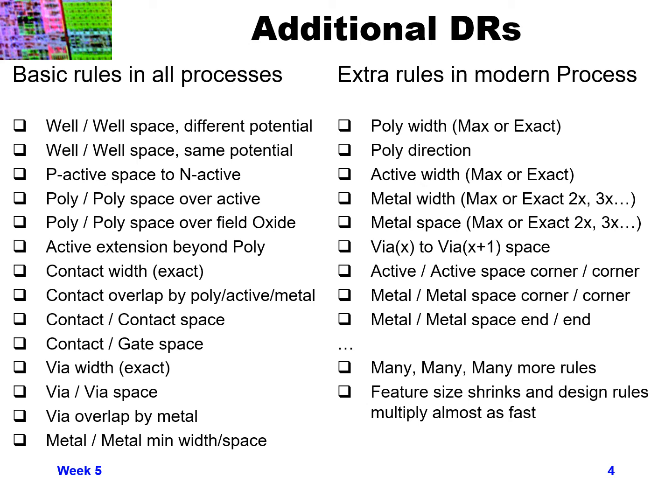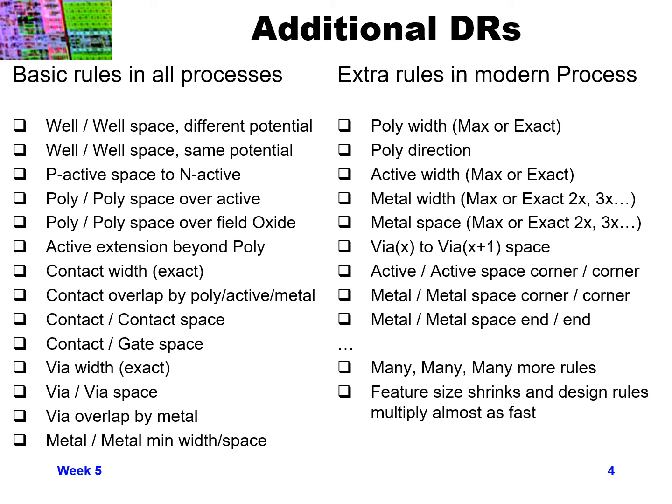In modern process technologies, you might have some additional rules, like your poly width. In the basic rules, your poly might have a minimum width, but you can have a wider poly than normal. In some of the more modern process technologies, the poly width might have a maximum amount that it can be as well, or it might need to be exactly a certain poly width.